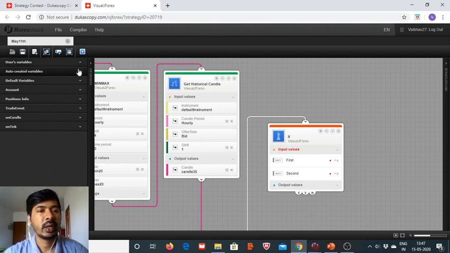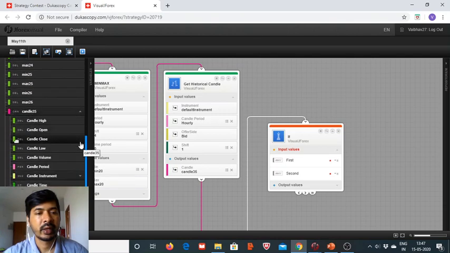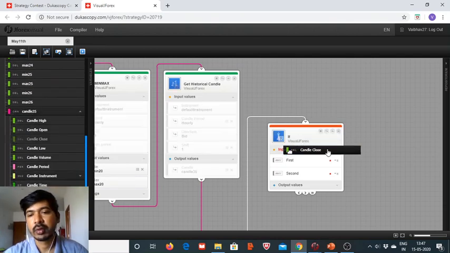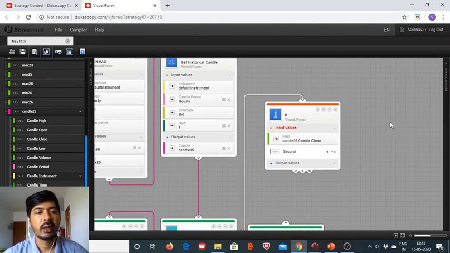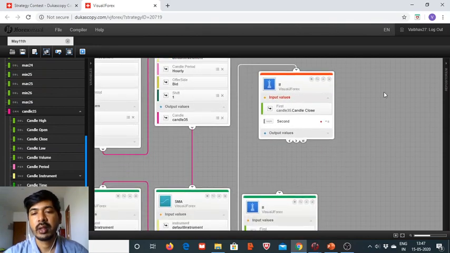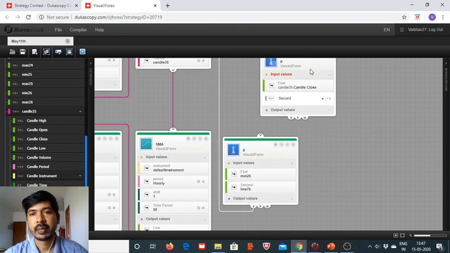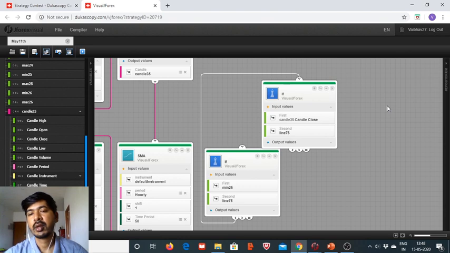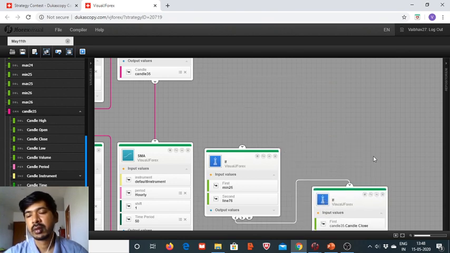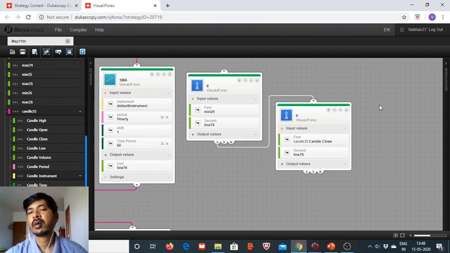So we take these auto created variables and we go to candle 35, and the candle 35 closing value needs to be greater than the SMA 50. So here it is greater than SMA 50.